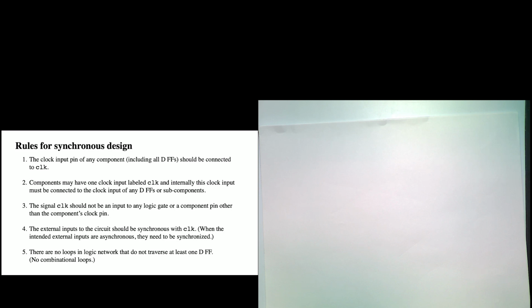Yeah? On the topic of D needing to be stable when the flip-flop is reading, is that going to be a problem for lab 3? Because I'm thinking we're feeding things like button inputs into D. Good question. Yes, it might be. We'll talk about that. Thank you.